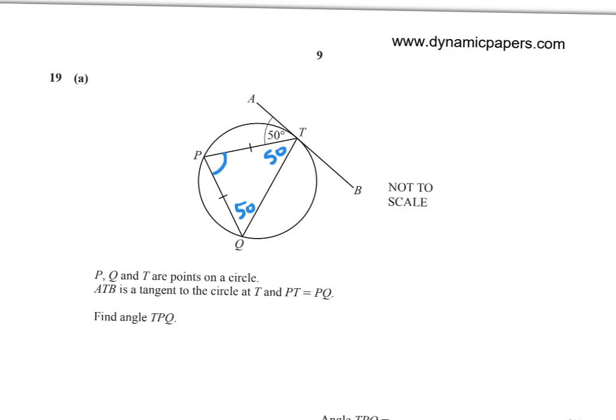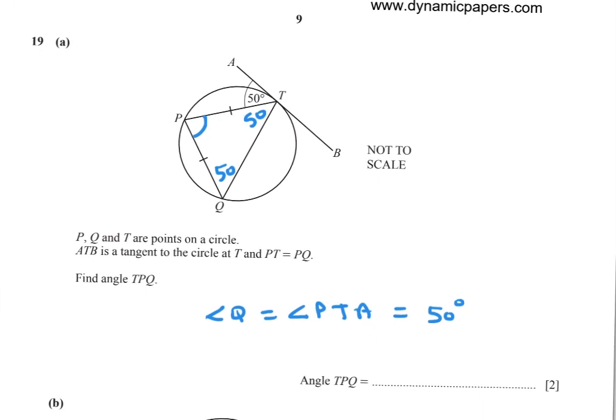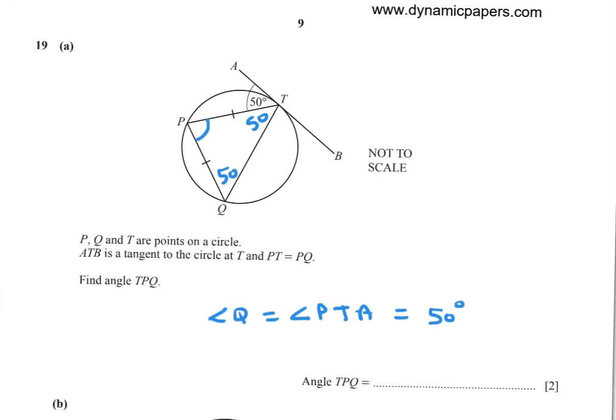So angle Q equals angle BTA equals 50 because of the alternate segment theorem. He didn't ask you to write the reason, so just like that. And angle B equals 180 minus 50 plus 50 equals 80.